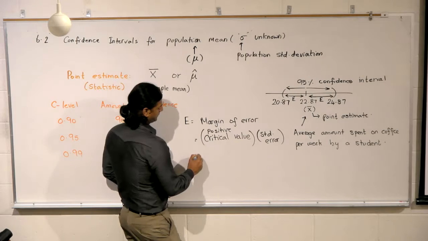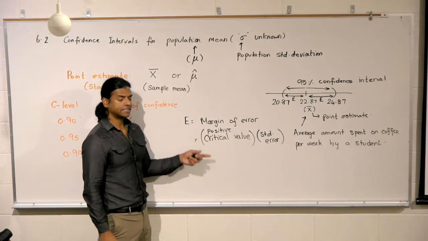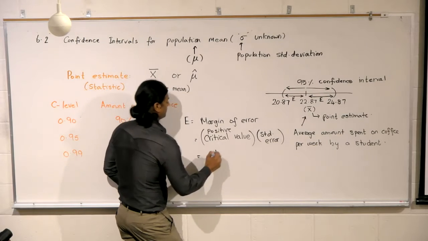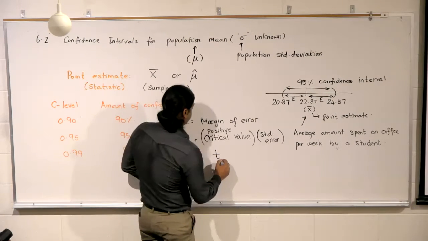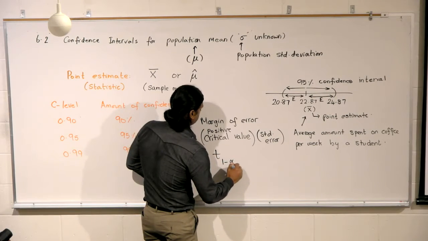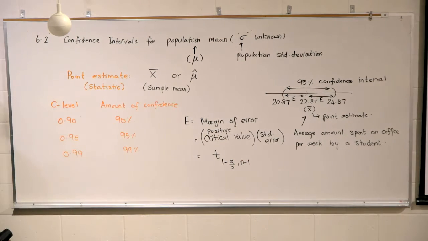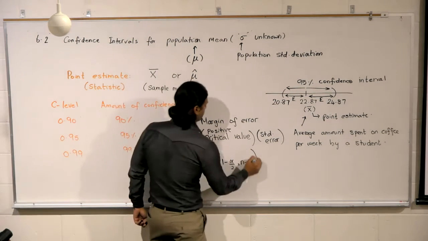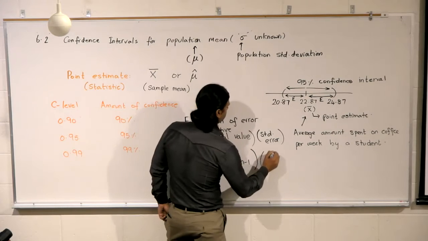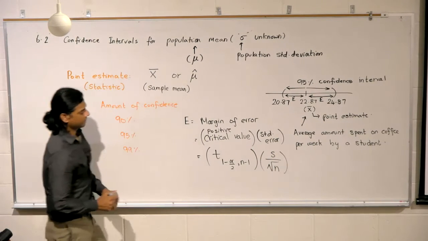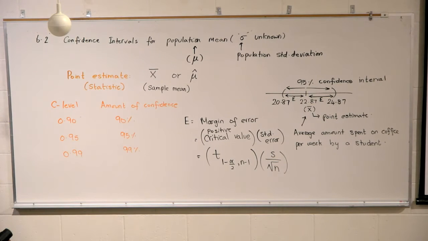I'm going to put a notation here from this card: t subscript 1 minus alpha over 2, comma, n minus 1, multiplied by s divided by square root of n.